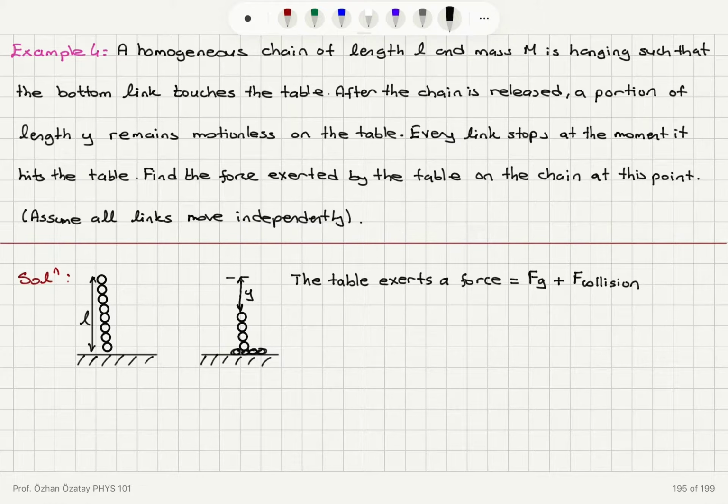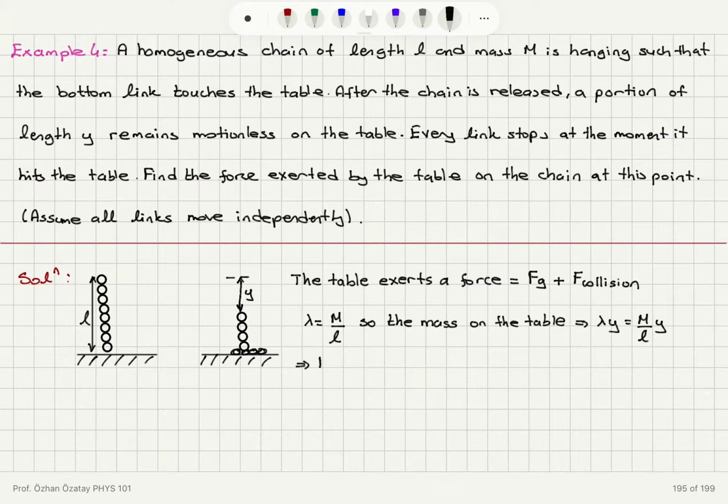Now, this is a homogeneous chain of length L, which means that it has a mass per unit length, capital M divided by L, as its linear mass density. So the mass sitting on the table will be lambda times the length of the chain sitting on the table, which is capital M over L times y.